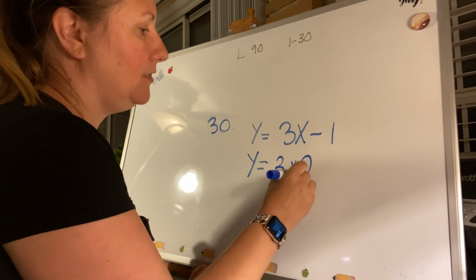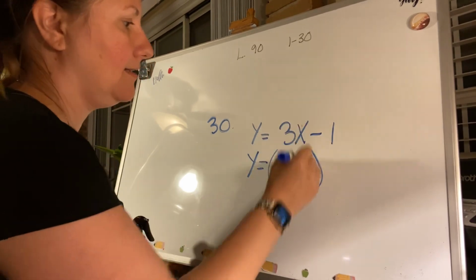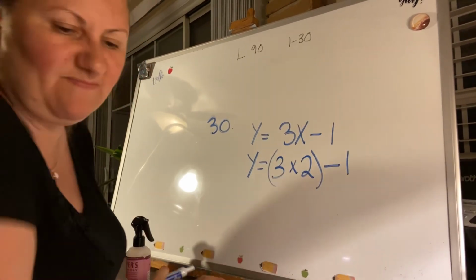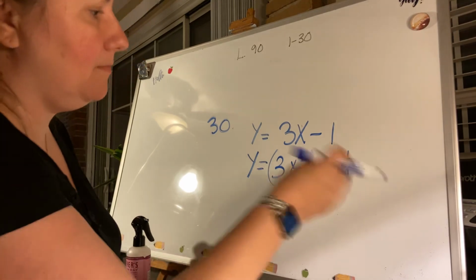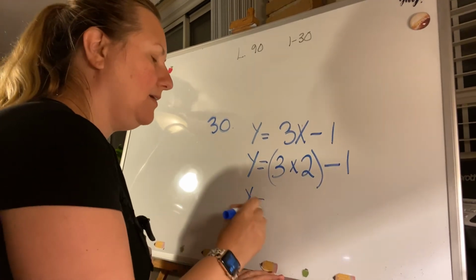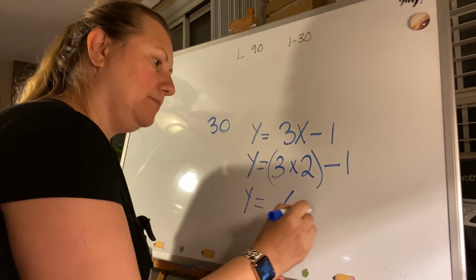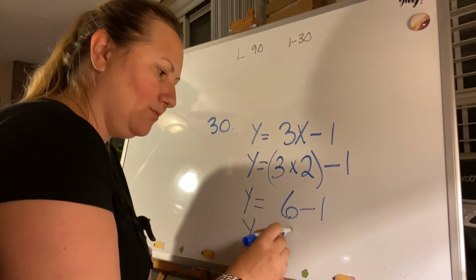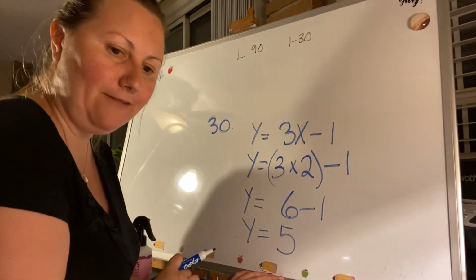So we're going to substitute that x is really 2, and then go ahead and write the minus 1. So y equals, do parentheses first, 6 minus 1, which means y equals 5.